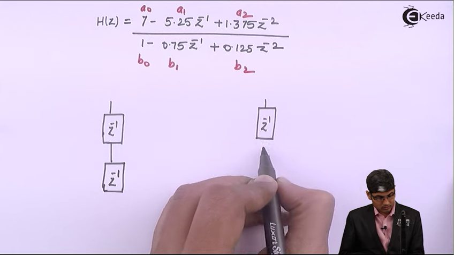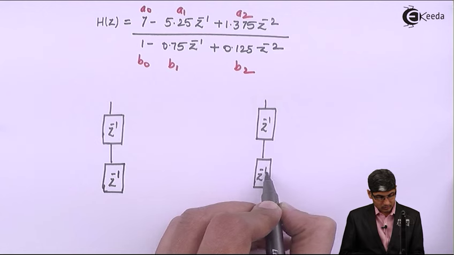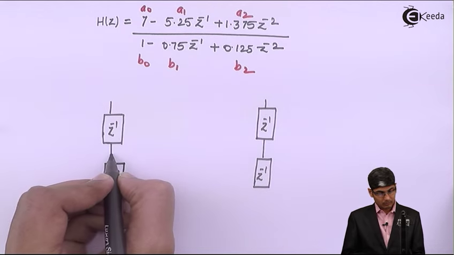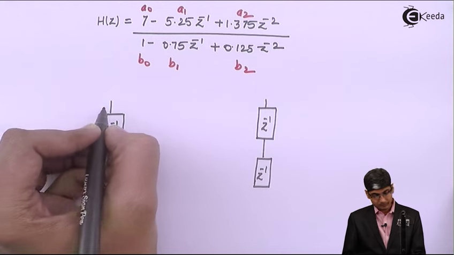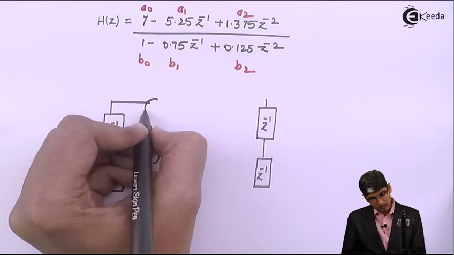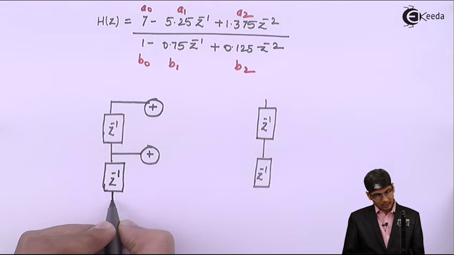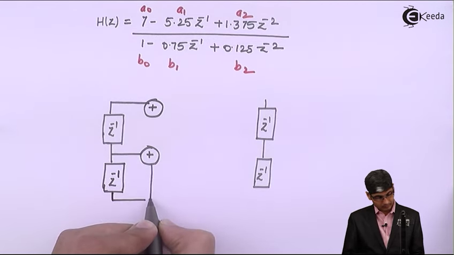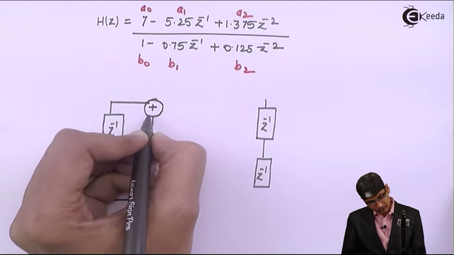One is this z inverse and the second one is the z inverse. Okay, now from the first z inverse I will take out and I will connect an adder block to it, and then from the last block I will just connect here, because an adder requires 2 inputs.